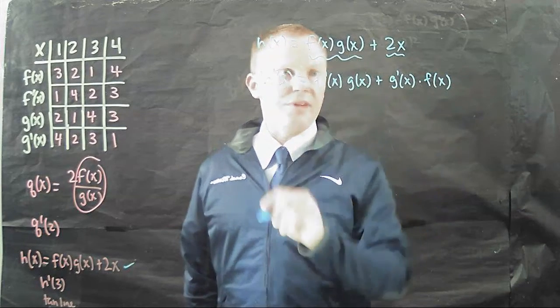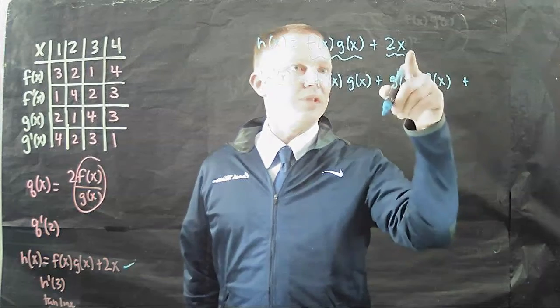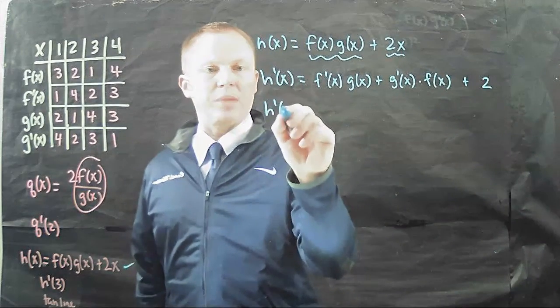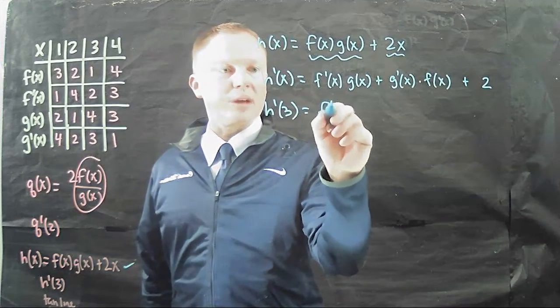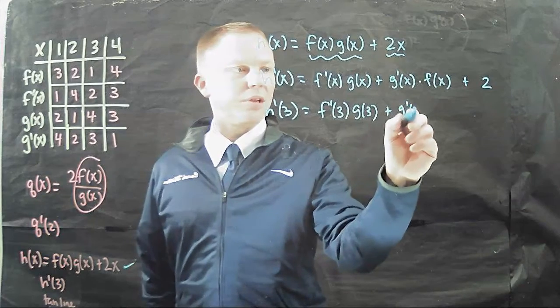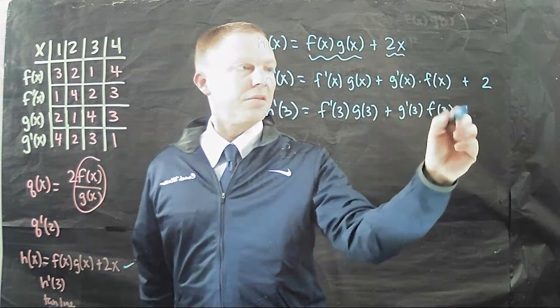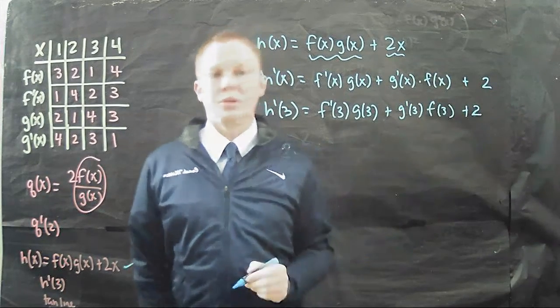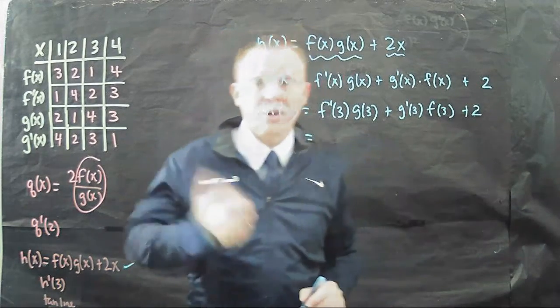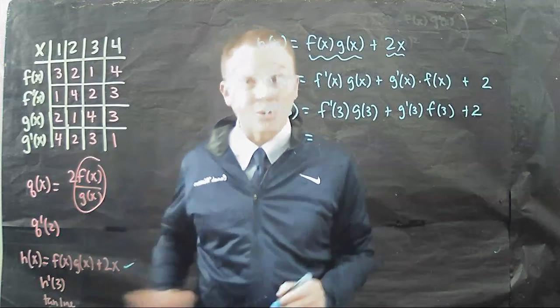So that's the derivative of f times g, and then plus the derivative of 2x, which is just 2. So now when we find h prime of 3, that's going to be f prime of 3, g of 3, plus g prime of 3, f of 3, plus 2. So now I can just pick all these numbers off the chart. I should be able to pick them off a chart, I should be able to pick them off a graph, and I should be able to plug them into an equation.